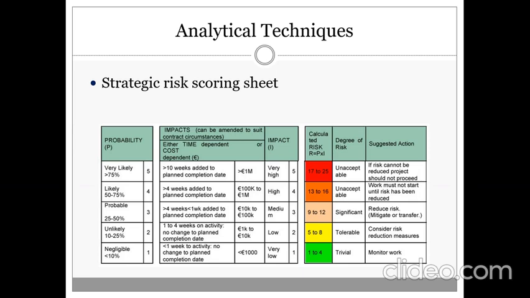If this is 5 and this is 5, multiplying both together yields 25. If it is 4.1, for example, and this is 4.1, multiplying 4.1 times 4.1 yields something like 17. So this is how we come out with a range between 17 to 25 by multiplying the very likely scale from more than 4 up to 5, and more than 4 for the impact up to 5.